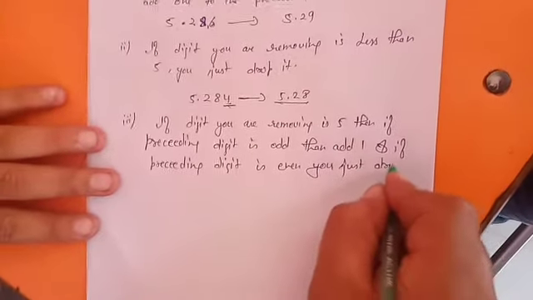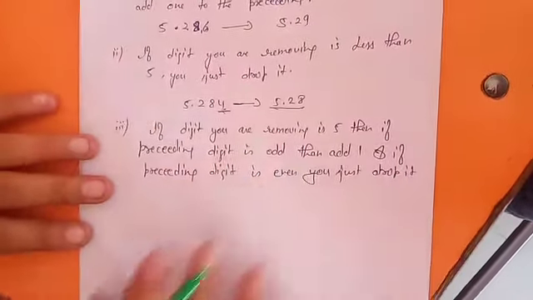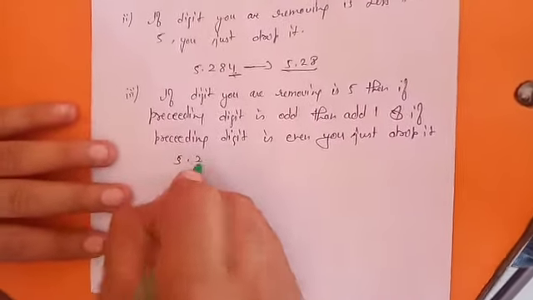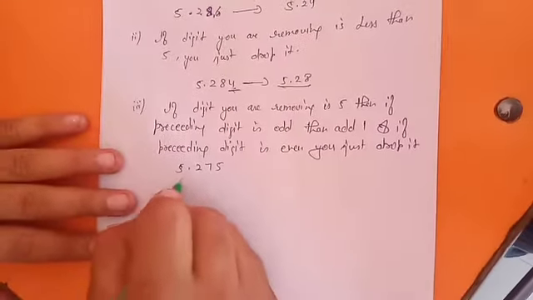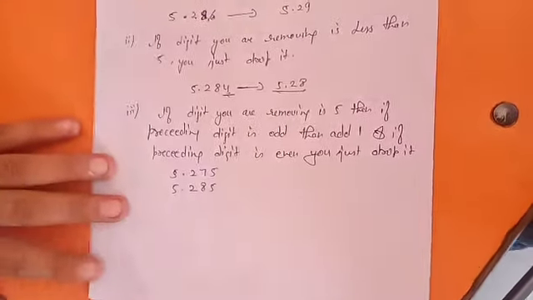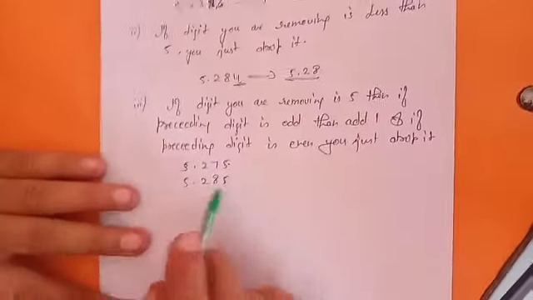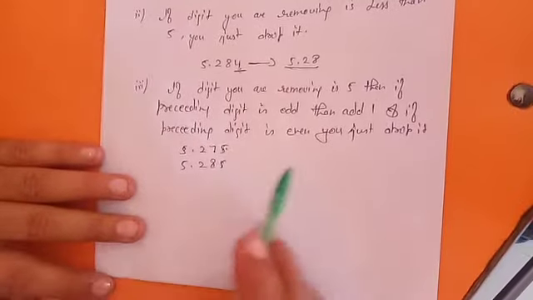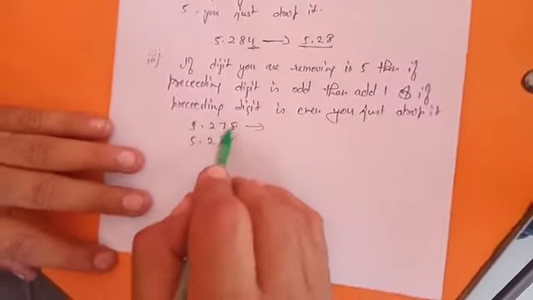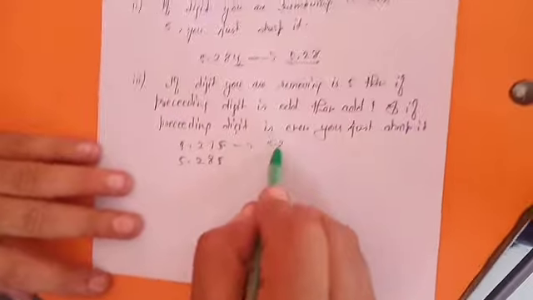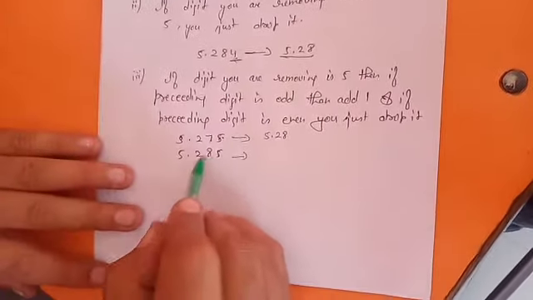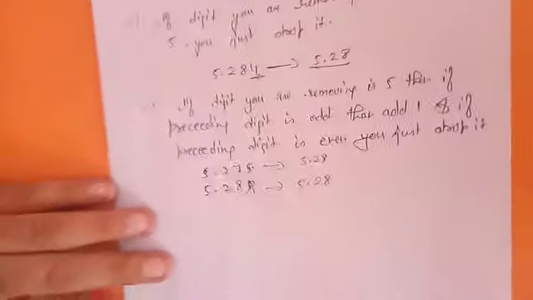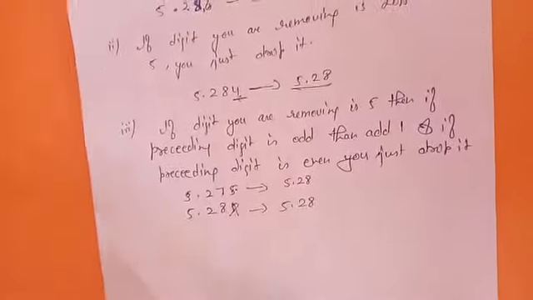For both, I am telling you the example, like 5.275 and 5.285, the same thing. We have 5 in both cases, but the preceding digit in this case is odd and in this case is even. So in case of odd, we add 1 to the previous, meaning it will become 5.28. While in this case, we just drop it and it will become 5.28. Okay, in both cases the answer will be the same. So these are the rounding off rules.